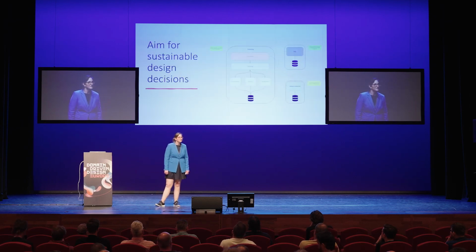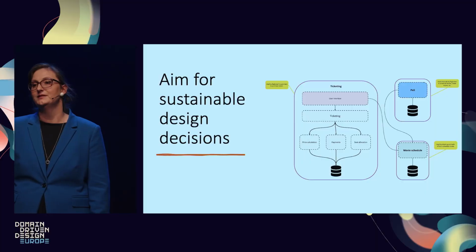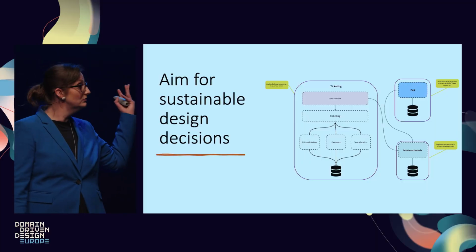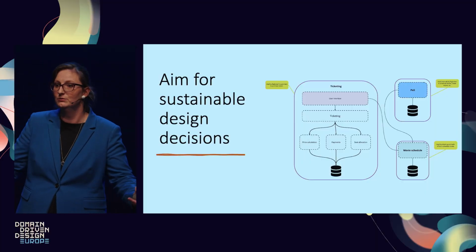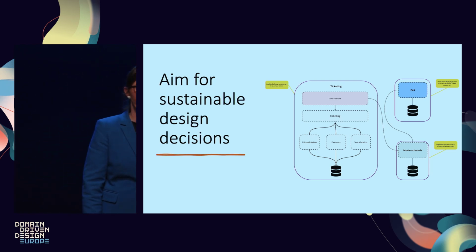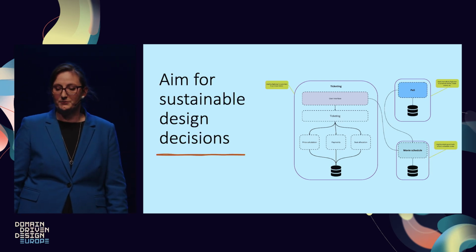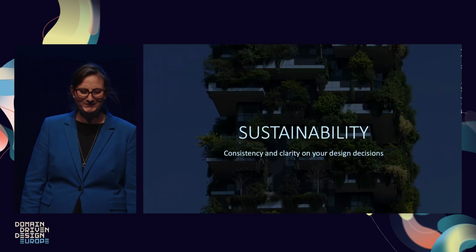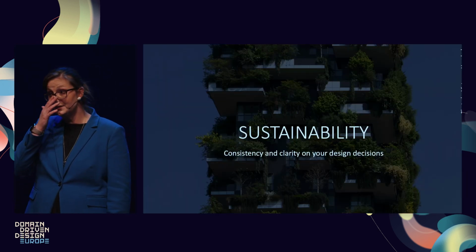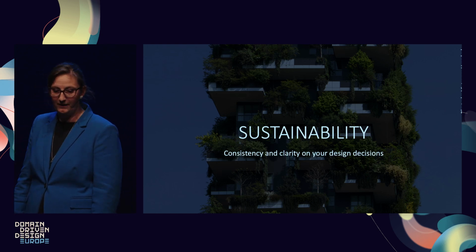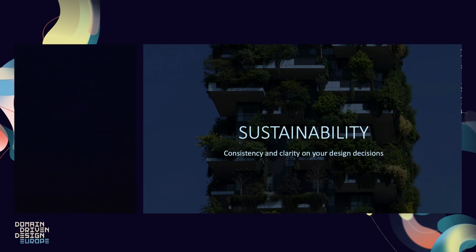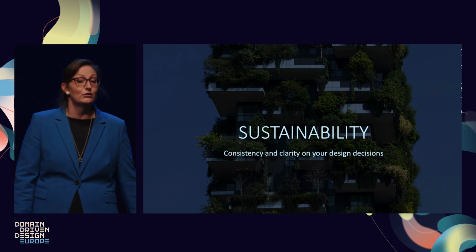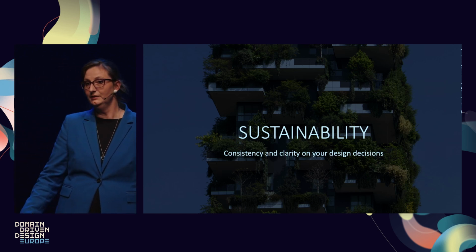What we want is to make design decisions that are sustainable. We do want that, ta-da, we want good software, or we want to make software that's a little bit better than it was a year ago, at the very least. And you need sustainability to do that. With sustainability, I don't mean the ecological aspect of it.